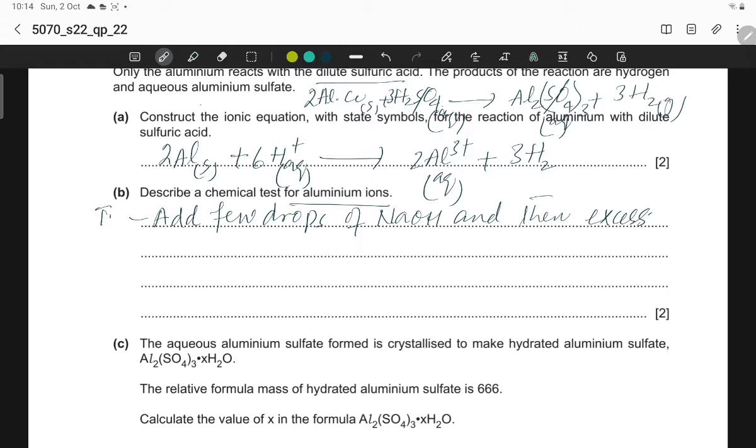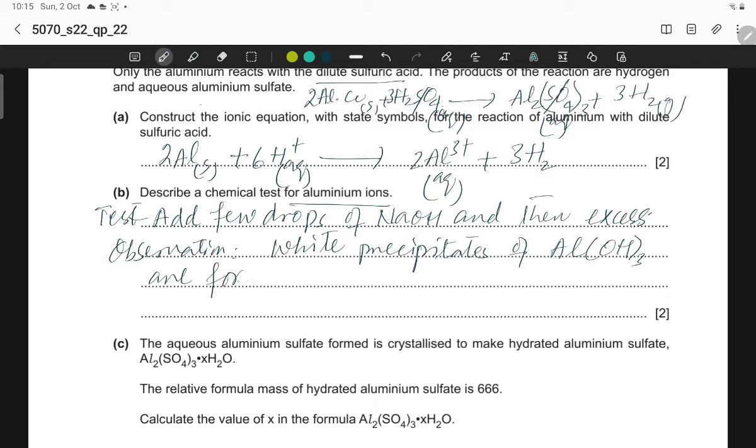This is the test, and the observations are: a white precipitate of aluminium hydroxide is formed, which dissolves in excess of sodium hydroxide.